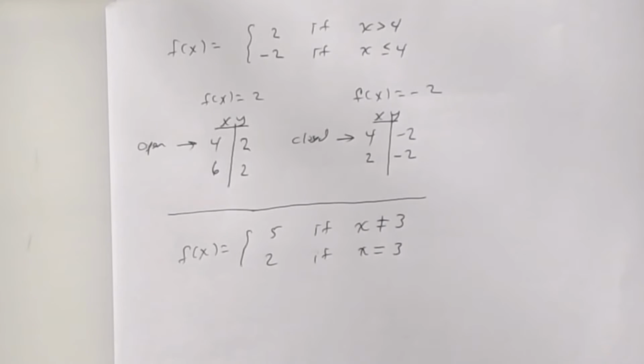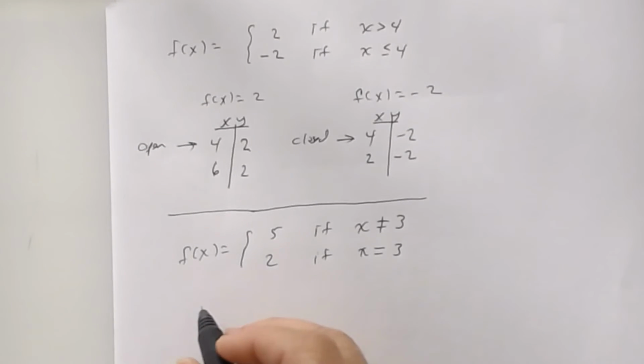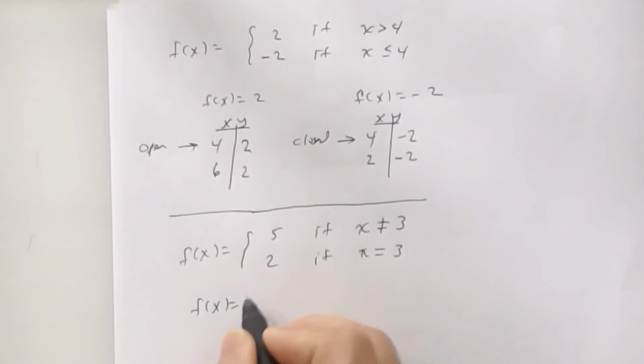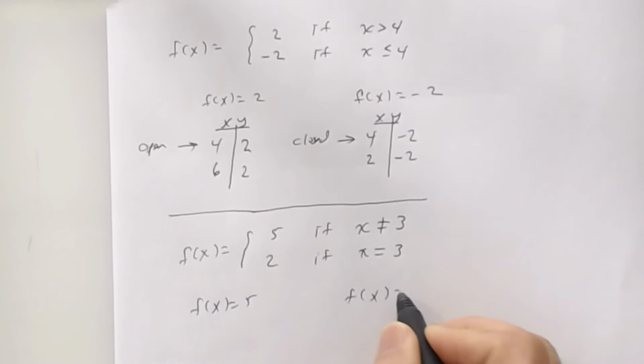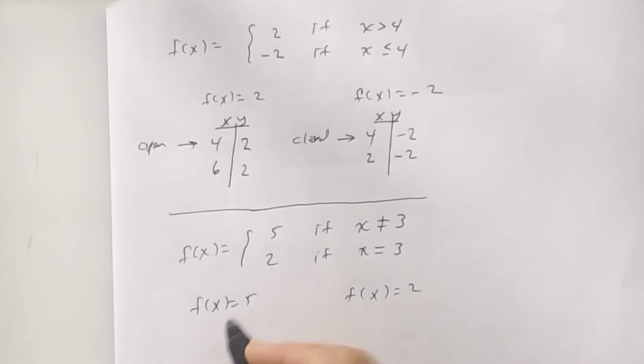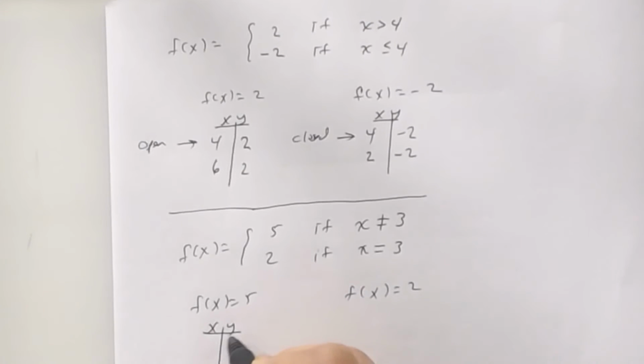All right, let's do each one just like we were doing. So you're going to say f of x equals 5 and f of x equals 2, right? And then your t-table in both cases.